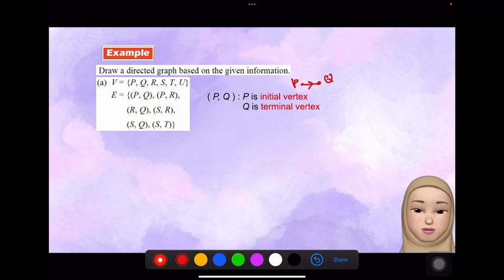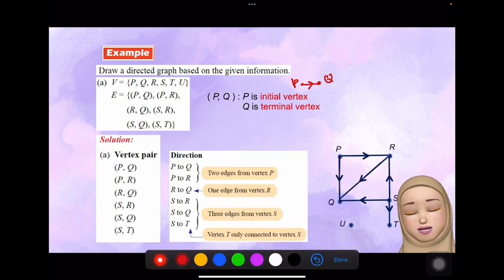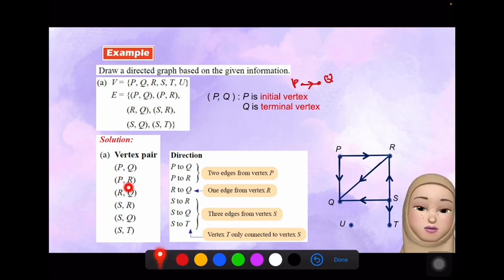So let's take a look at the solution given. Okay, so vertex pair, one by one, refer to the vertex pair. Let's say we have PQ.